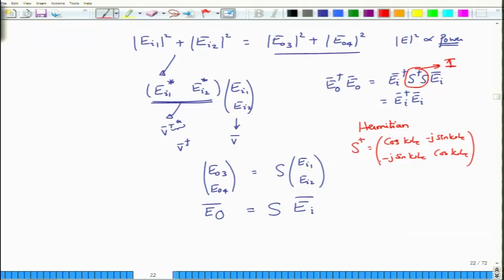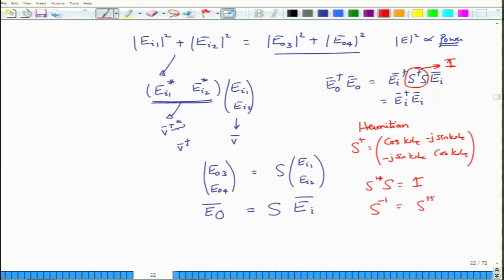I will leave it as an exercise to you to show that S adjoint times S must be equal to 1. Instead of using adjoint, you can write this with another symbol H, which denotes the Hermitian conjugate. So this is the Hermitian property, S Hermitian S is equal to I, which also means that the inverse of S is the Hermitian conjugate of the S matrix itself.